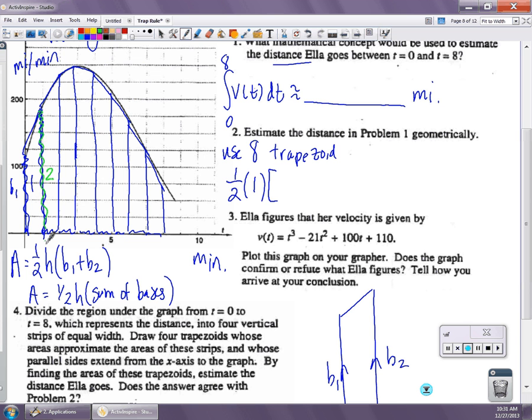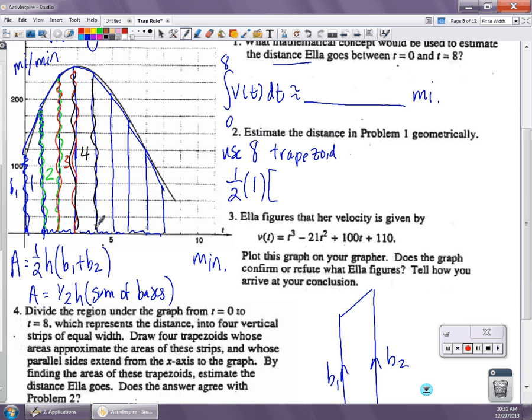That was base number 2 in trapezoid number 1, but it's base number 1 in trapezoid number 2. Here's base number 2 in trapezoid number 2. Let's go to trapezoid number 3. Base 1, base 2. Let's go to trapezoid 4. Base 1, base 2.